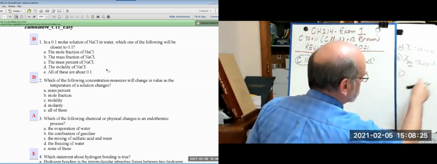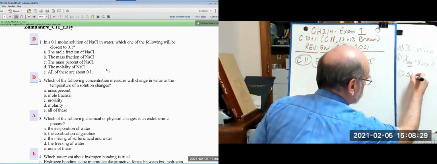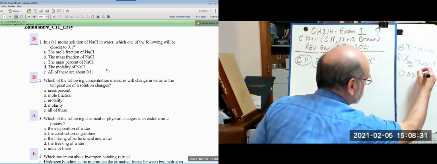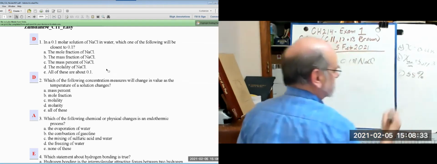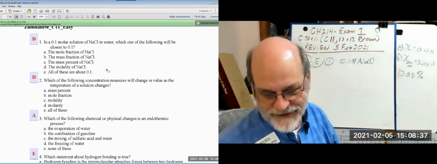Which would be 10 to the first, which would be 58, which is 58%. So that value is nowhere near 0.1.